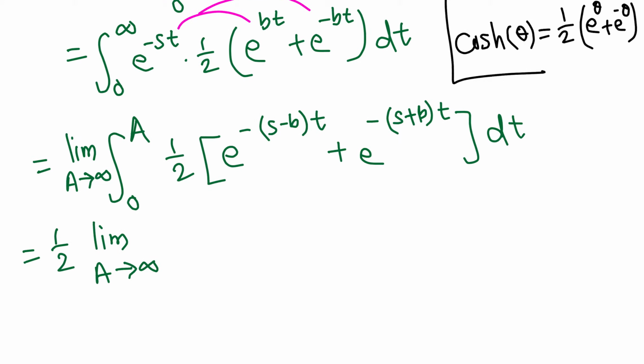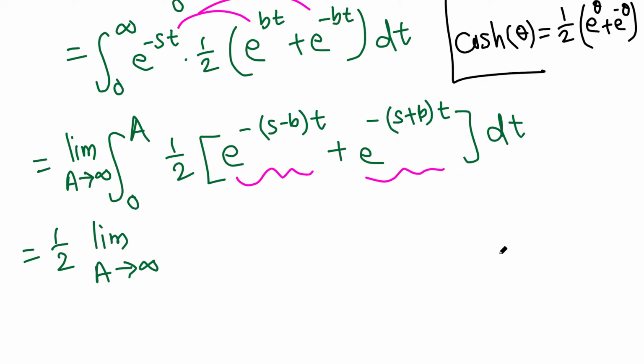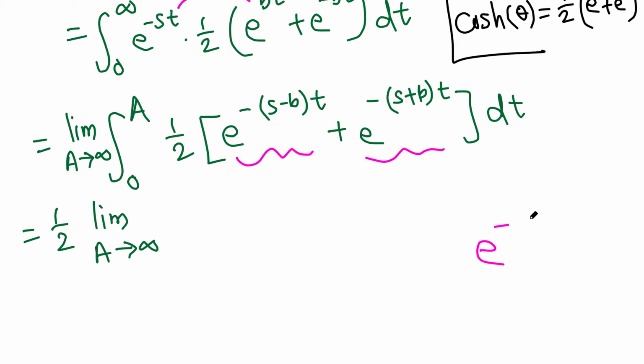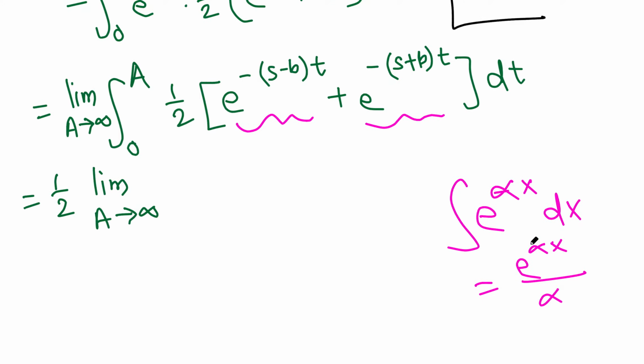Now we can find the antiderivative of these two functions. We know that when we have e raised to alpha x, and we integrate with respect to x, it's the same exponential function divided by alpha. In fact, this is a small application of u-substitution.